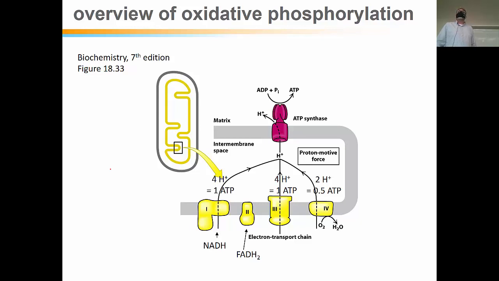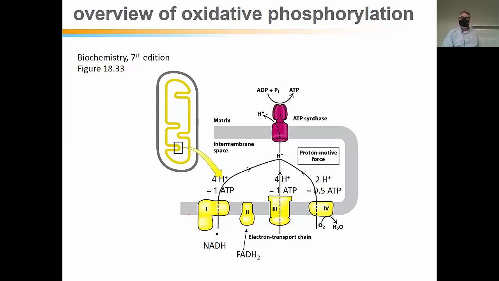If we do the math around this, even though it takes 10 protons to do a full turn of ATP synthase, we talked about how not every proton that moves up the gradient via the electron transport chain flows through ATP synthase. Some of those other protons are used to transport other molecules. So for approximately every 4 protons that move across the inner mitochondrial membrane, we produce 1 ATP.